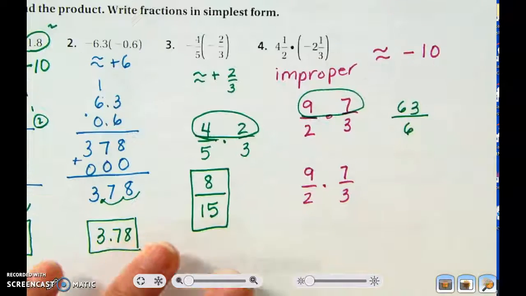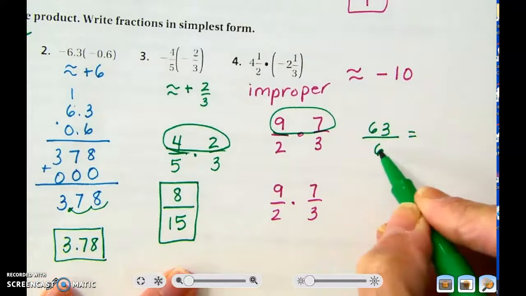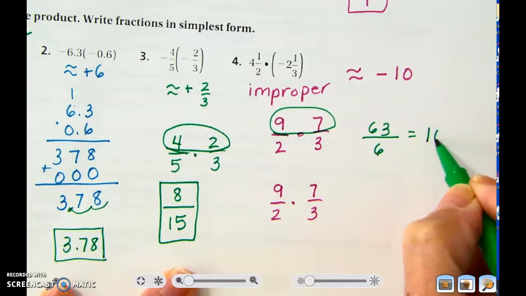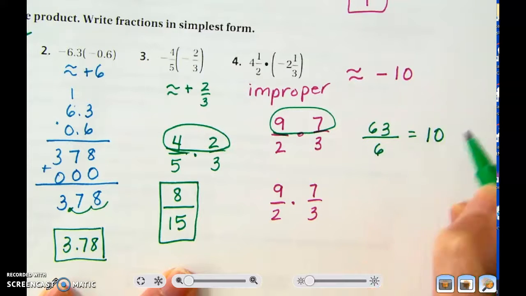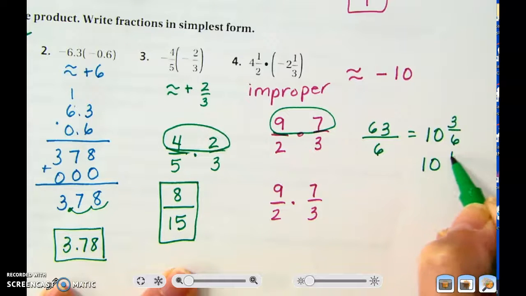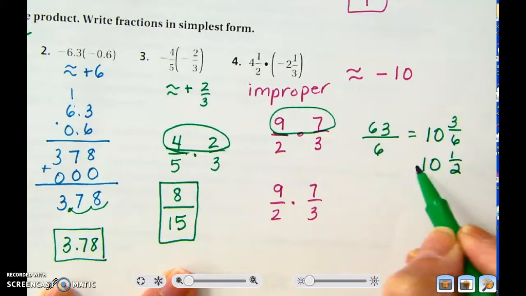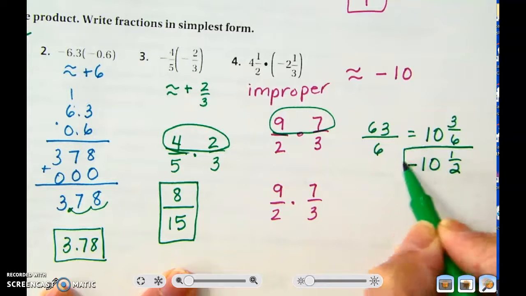Okay, I have a big improper fraction there. I have to keep going. How many times can I get a set of 6 out of 63? 10. With 3 left over. So simplifying a little bit more, I get a final answer of 10.5, and I have to go back and be careful about my signs. It's negative 10.5.